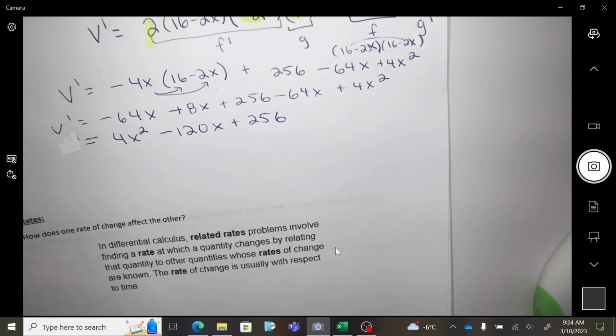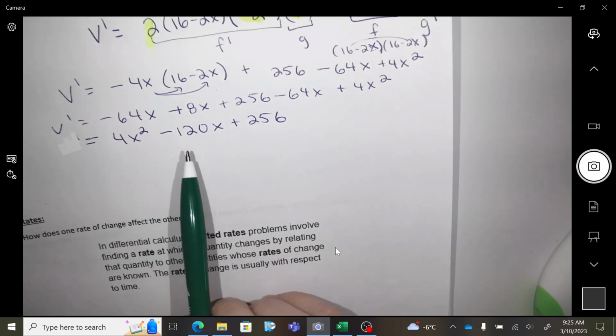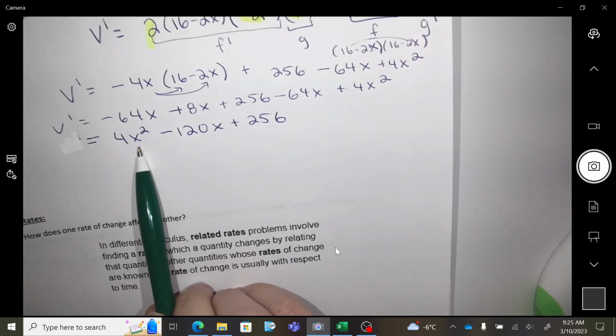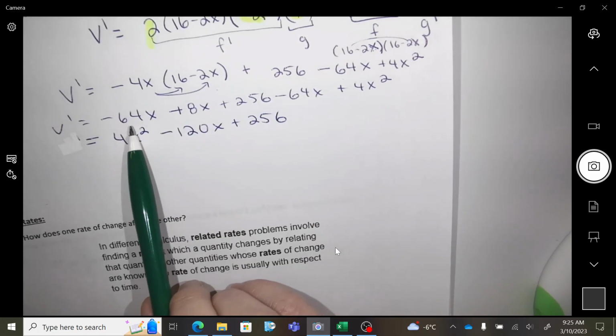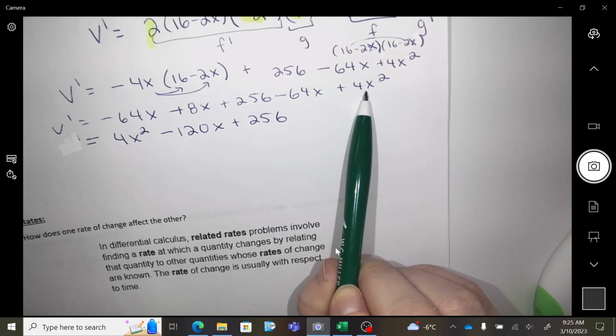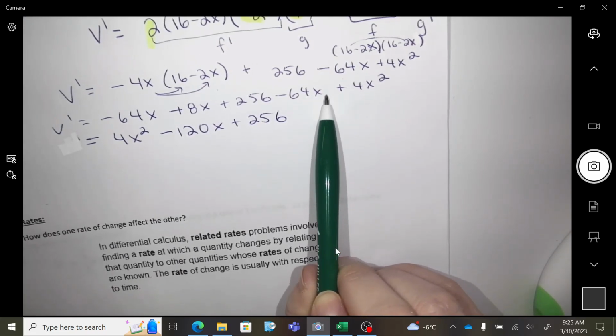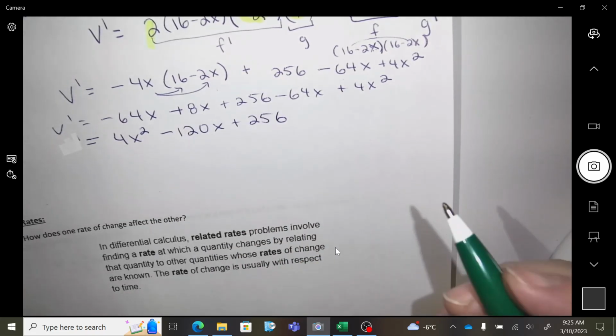Are we matching? 4x squared minus 120? Wouldn't it be 8x squared? On which part? Distributing the negative 4x times negative 2x. On this line? Yeah. This one right here? No. Wouldn't that be 128? 8x squared. Yes, there. Okay, so that's going to mess my whole thing up right here.